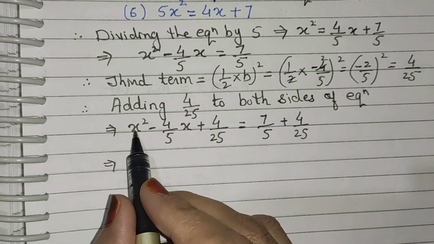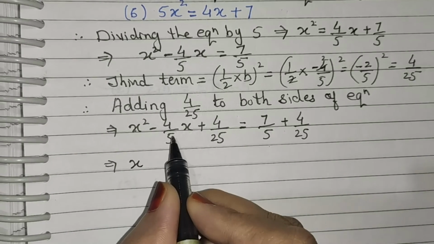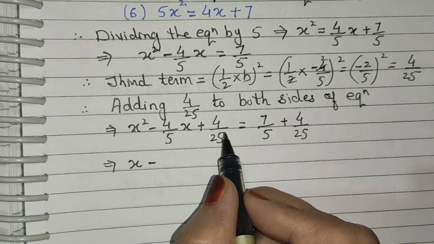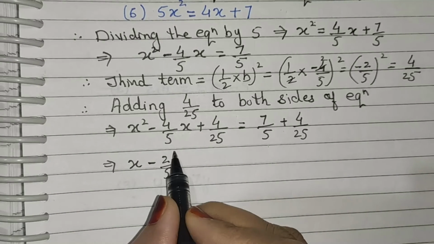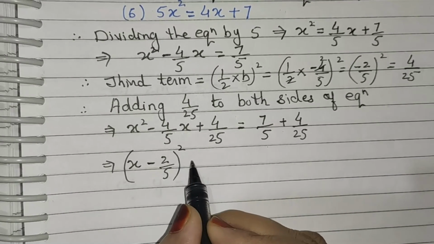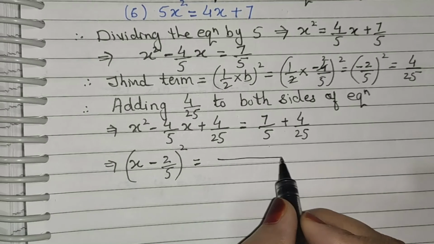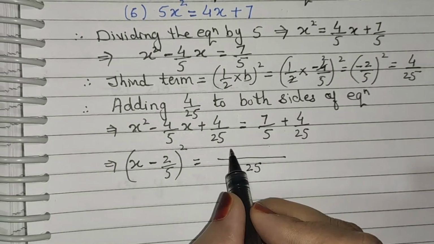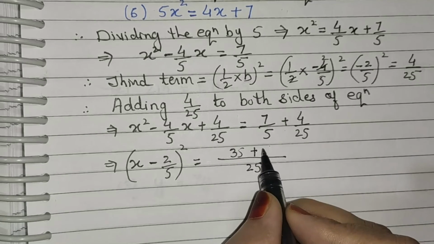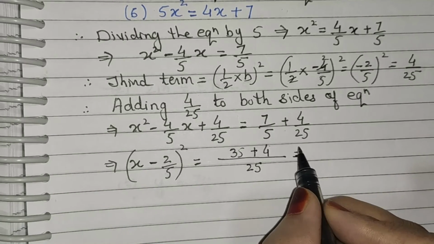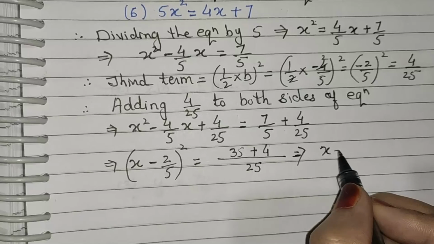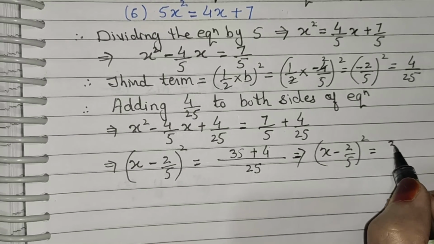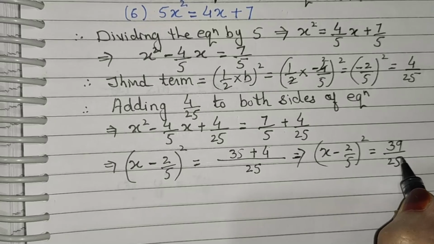Now take the first term x, sign of the second term minus and square root of the third term, means x minus 2 upon 5 whole square is equal to, now solve it, take the LCM here 25, 7 into 5 is 35 plus 4, we get x minus 2 upon 5 whole square is equal to 39 upon 25.